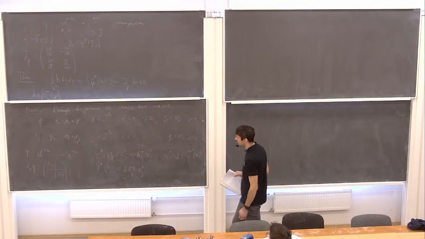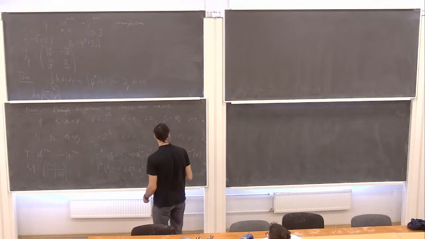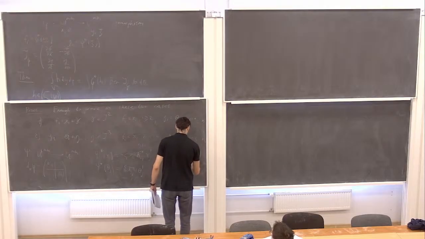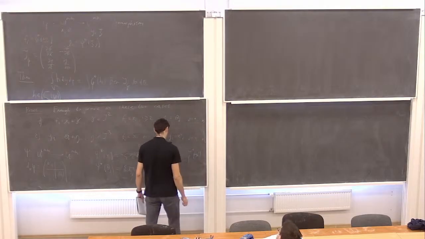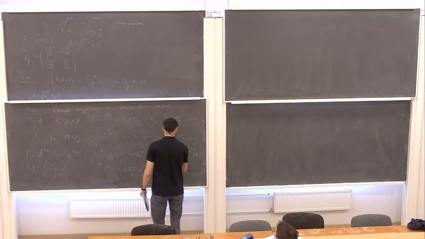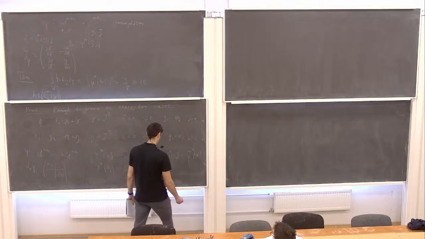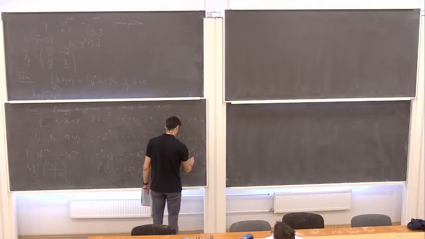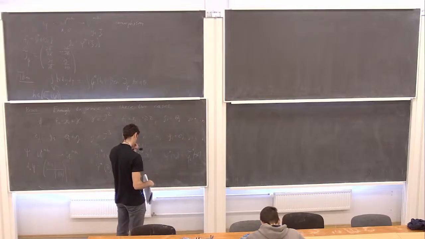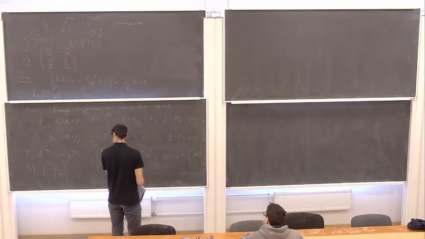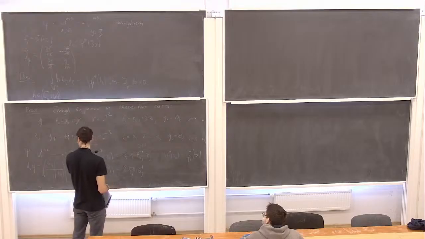Well, here I have i, and phi, the i-th coordinate. But what does it? So sorry, let me see. So phi tilde is a map.